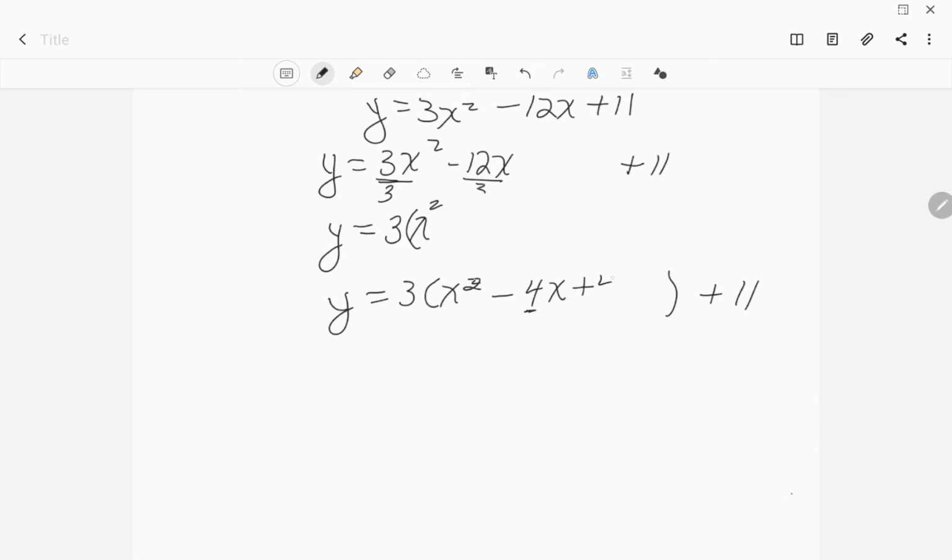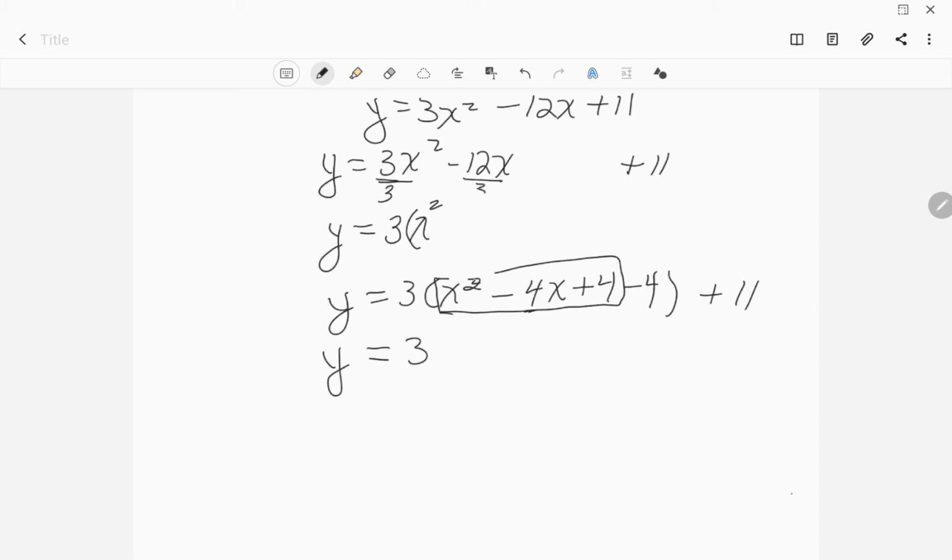We add 4 and we subtract 4. What's important is that that is all inside brackets with the 3 in front of it, because you completed the square after you took the 3 out, so that the plus 4 and minus 4 have to be where the 3 is.